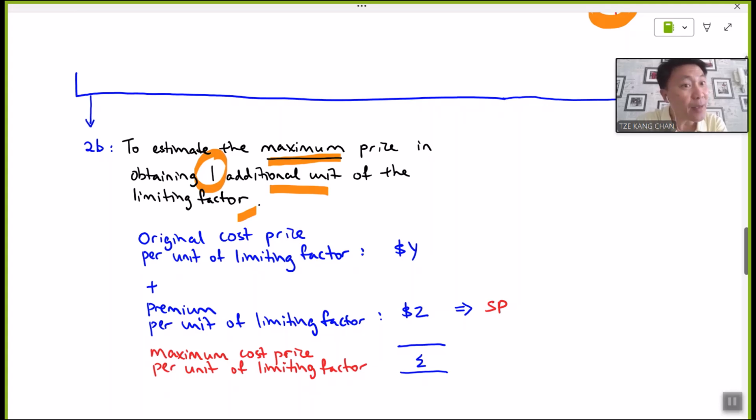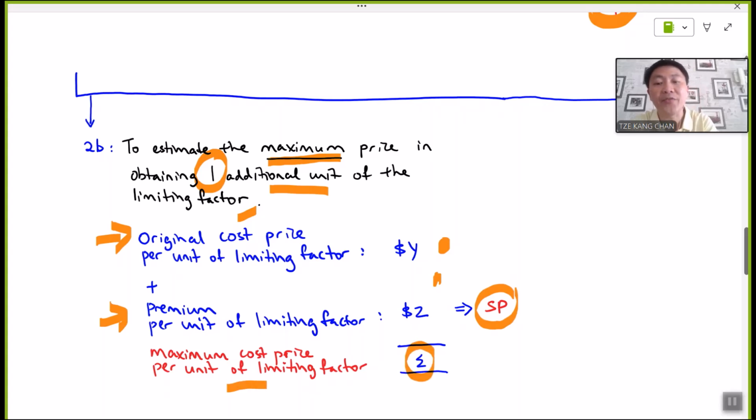How exactly is this maximum price set? The answer is based upon the original cost price of such limiting factor, termed as Y, and then we can afford to pay an additional premium, representing the buffer that is measured by shadow price, termed as Z. The total of both values will give rise to the maximum cost that is worth paying to obtain one additional supply of such limiting factor.